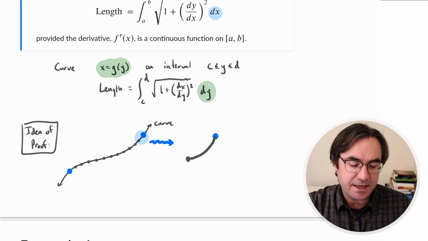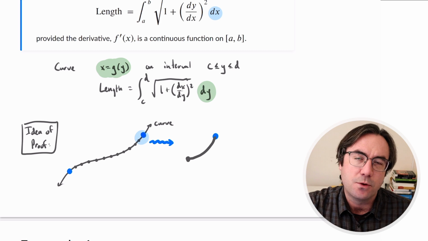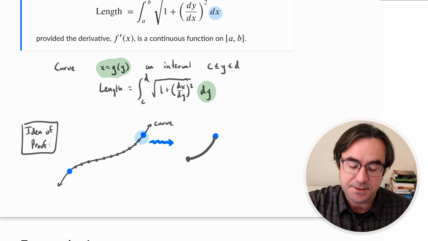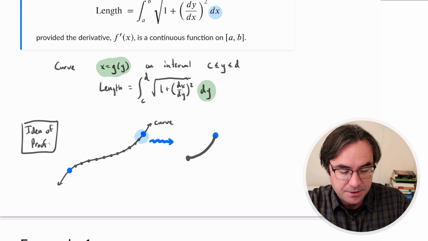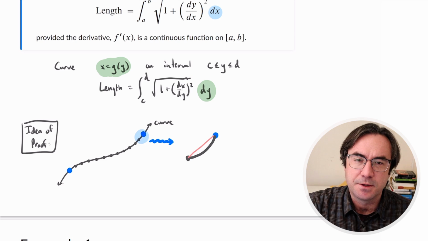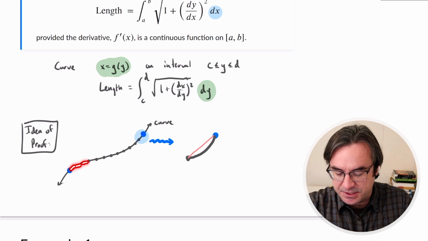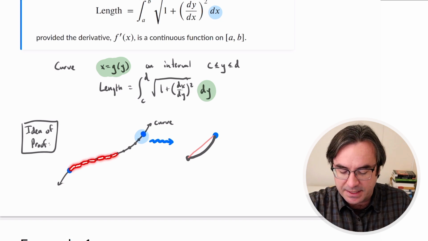And the idea is we're going to end up approximating this little section here with a line segment. And so each of these little sections, we're going to be approximating with line segments.